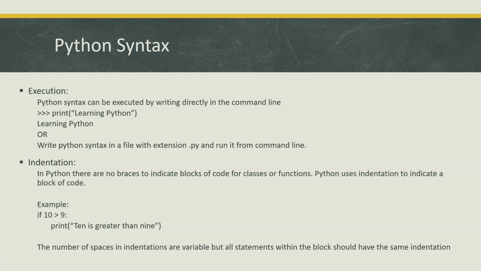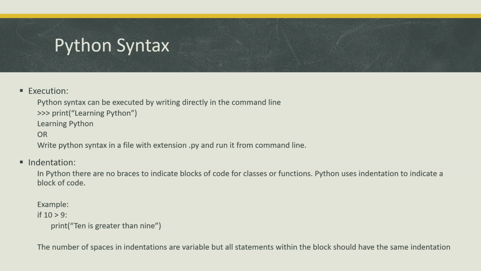or a while statement. Now, the number of spaces in the indentation is variable, so it is not fixed, but all statements within the block should have the same indentation. What it means is if you're putting two indentations for a particular statement, you should make sure that all the other statements have also got two indentations, and you should not have different indentations for different lines of code.